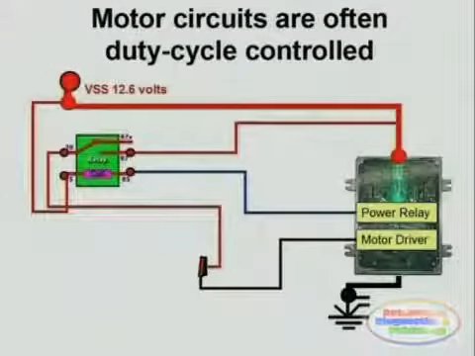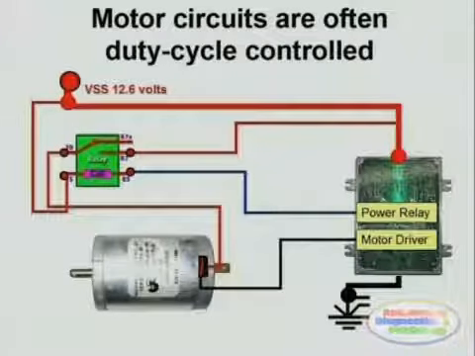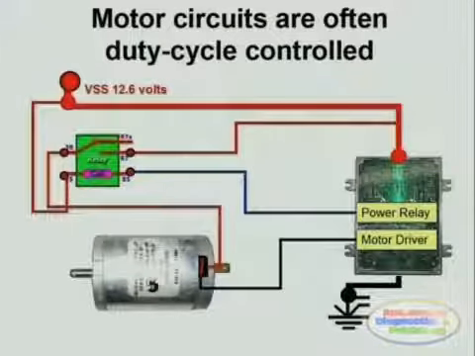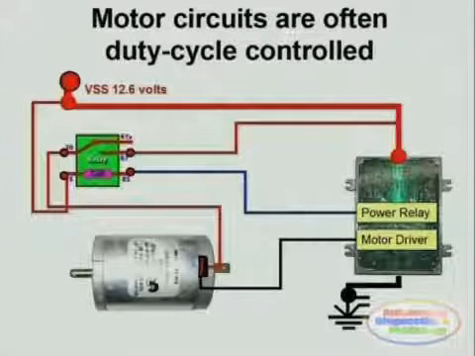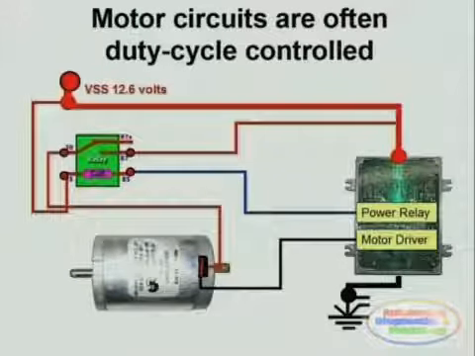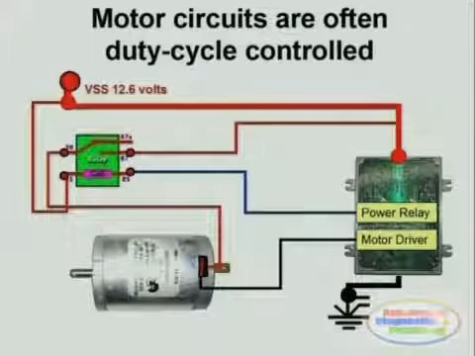Again, duty cycle control motors are employed in a very wide arrangement of different applications. In this particular case, we see how a fuel pump motor is controlled. In this case, you see a relay applying the voltage source or voltage supply line to the motor.